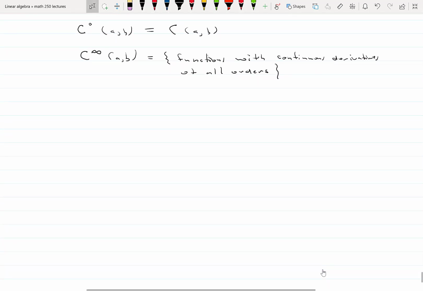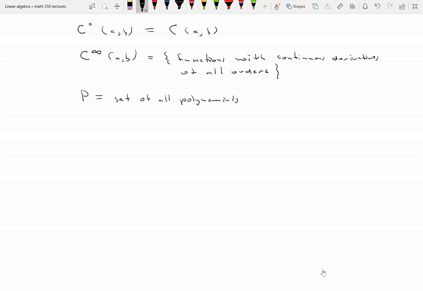Here are a couple of very specialized subsets of those sets. These last two are extremely important. P is the set of all polynomials. Polynomials have all real numbers as their domain, so they're really in C of negative infinity to positive infinity.